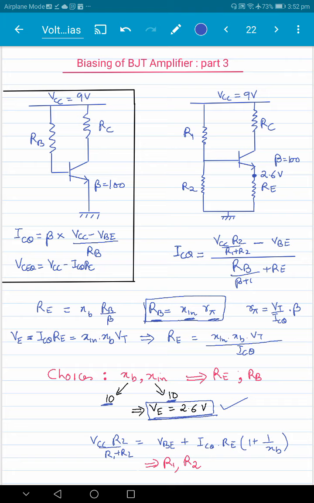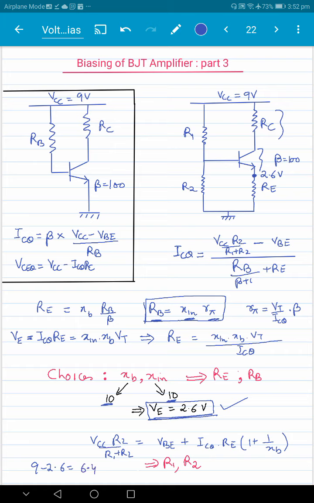And the remaining voltage that I have is 9 minus 2.6, which will give us 6.4. That remaining voltage we divide equally between the collector emitter voltage and the drop across RC.